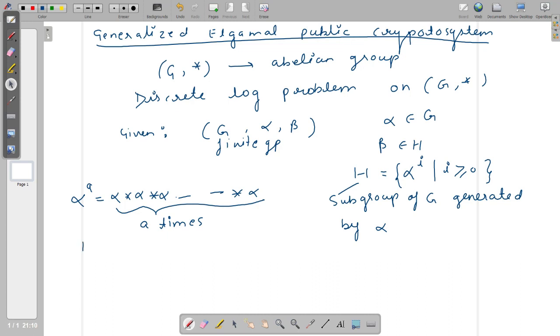If alpha to the power A is given, then finding the value of A is a discrete log problem. This is defined as the discrete log problem for group G star, and for simplicity we will consider multiplication as the operation, and we will consider a cyclic group.